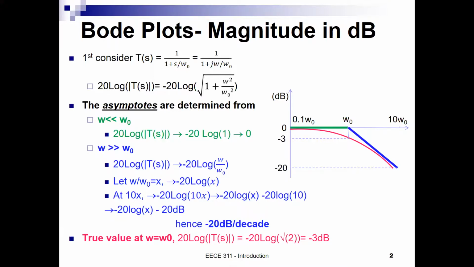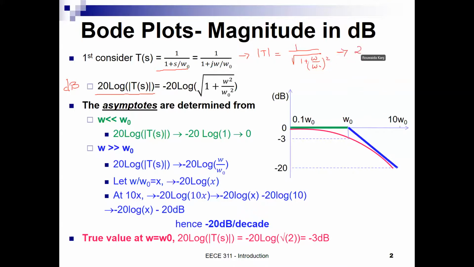Okay, so if we have a transfer function where T is equal to 1 over 1 plus s over omega 0, we remove the constant here. Then the magnitude in dB for this transfer function is going to be equal to 20 log magnitude of T. If we take the upper and the lower terms, the magnitude of T is equal to 1 over root 1 plus omega over omega 0 all squared.